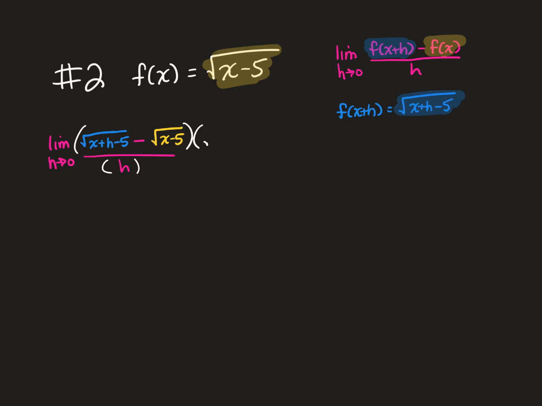We're going to take whatever's in the numerator, which is the square root of x plus h minus 5 and the square root of x minus 5. But instead of subtracting like we see here, we're going to add, because then that creates a difference of squares. And whatever I do in the numerator, I've got to do in the denominator so that we don't change the value of the original expression.